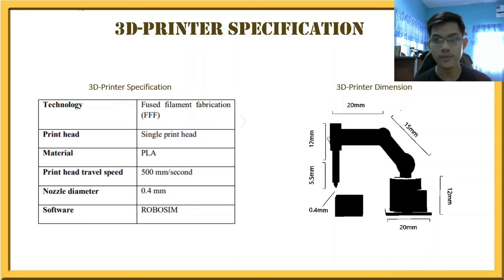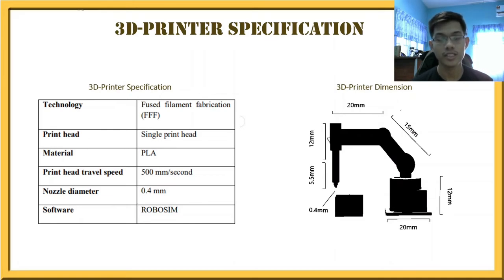Okay, for my 3D printer, basically we want to make a 3D printer that is a fusion of a robotic arm and a 3D printer to make the output produce a much more flexible 3D printer result.